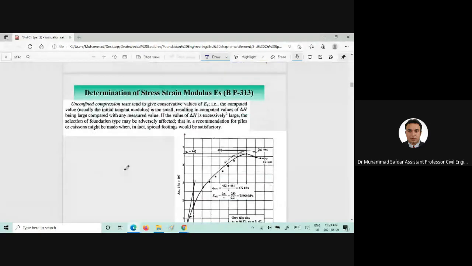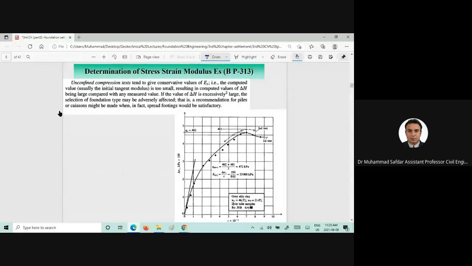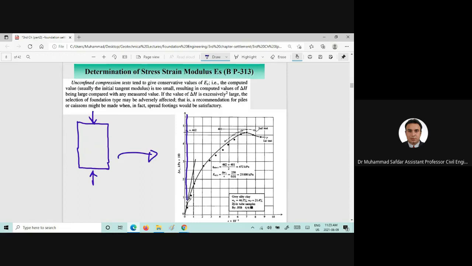Now, if we perform unconfined compression test, and if we apply axial load with a certain strain rate, we'll come up with a stress strain plot which will look like this.